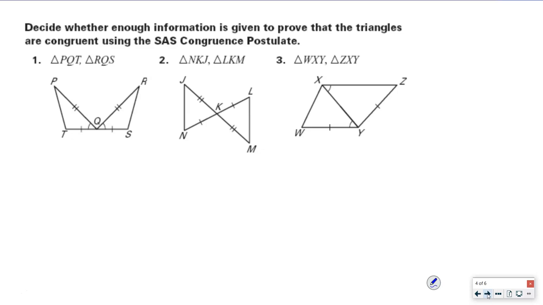So number 1, we've got triangle PQT. So P to Q to T, and then back up to P. And then we've got RQS.